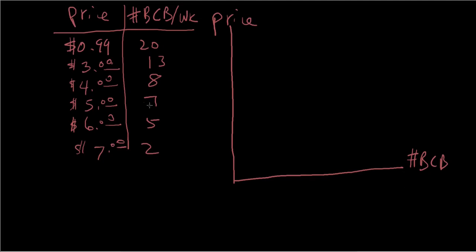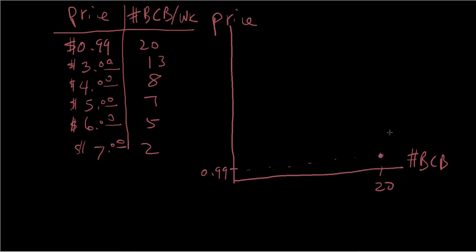So say the price is 99 cents here, and 20 units demanded, so 20 is here. That point is somewhere here.